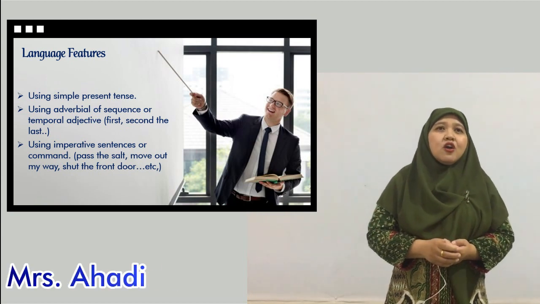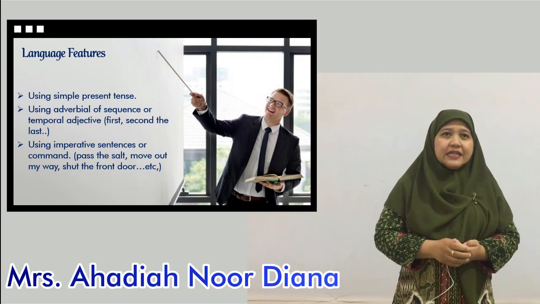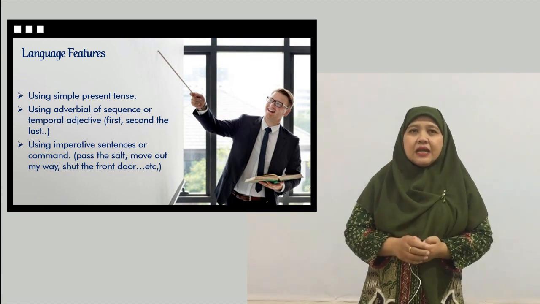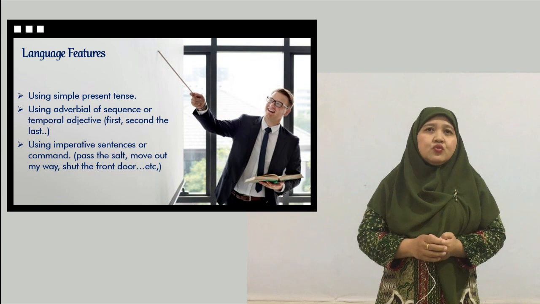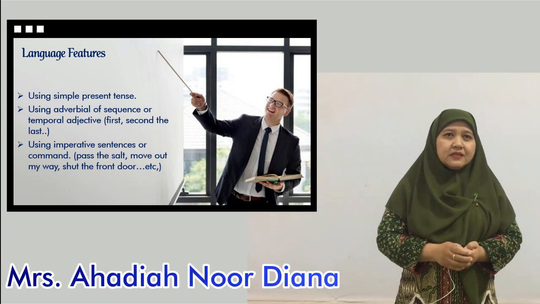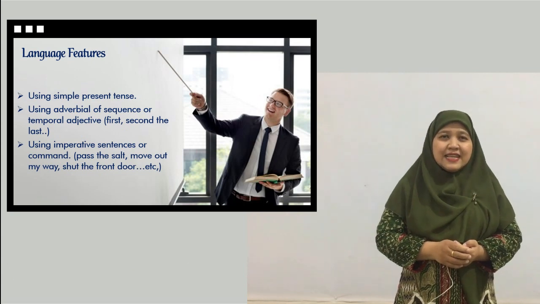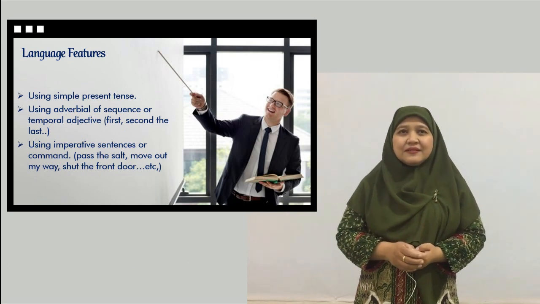Using adverbs of sequence or temporal adjectives. We use sequence adverbs to describe the order in which two or more actions happen. For example, first, second, the last, and so on.